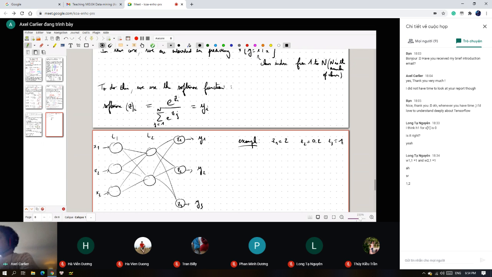If you compute Y1, Y2, and Y3 using the softmax, so if Y1 equals softmax of Z1, it will give you... I have to make the computation, I'm sorry, I don't have it. Let me open some MATLAB to do the computation.